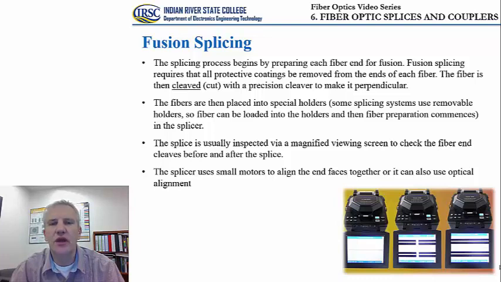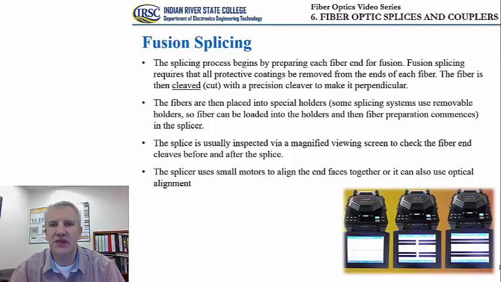So we're going to perform the process of stripping of the optical fiber, and then cleaving or cutting with the precision cleaver to make a very clean end face of the two fibers that are to be fusion spliced.